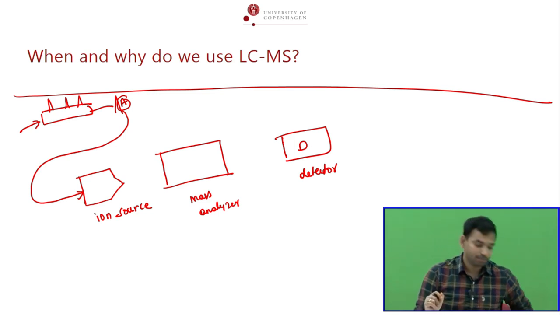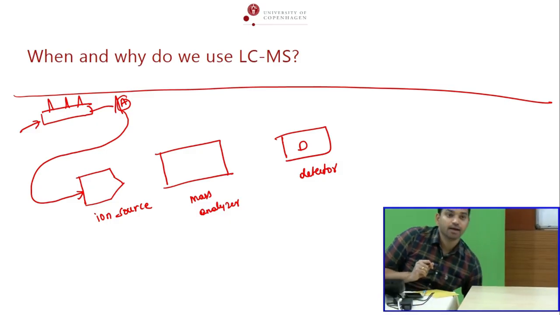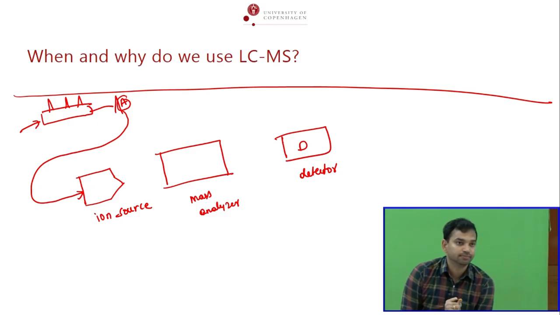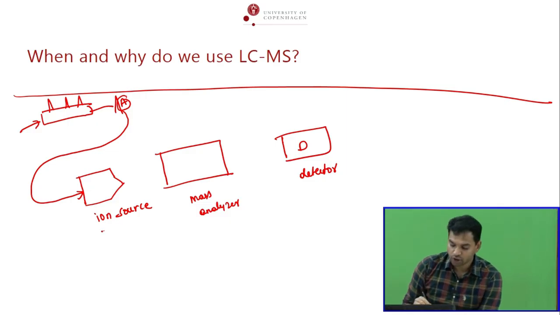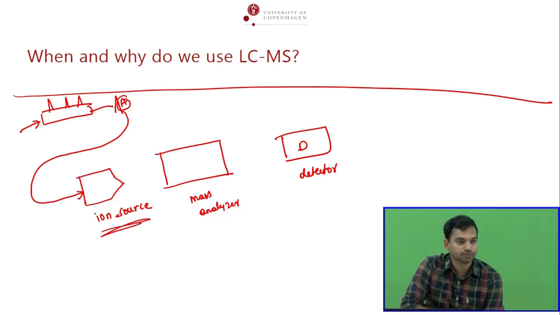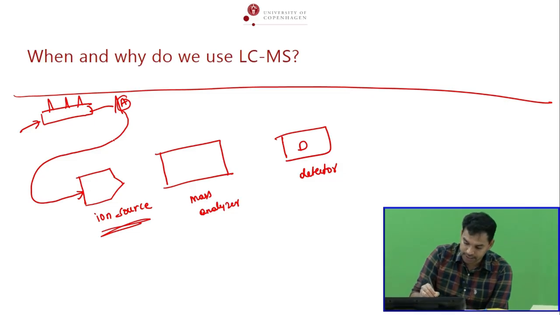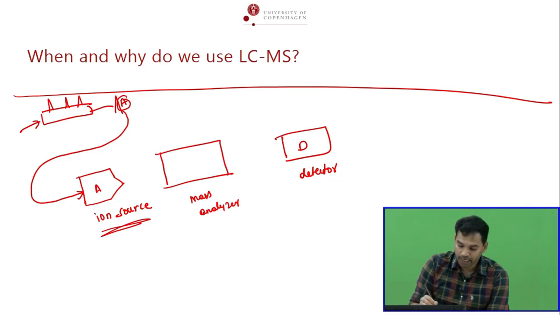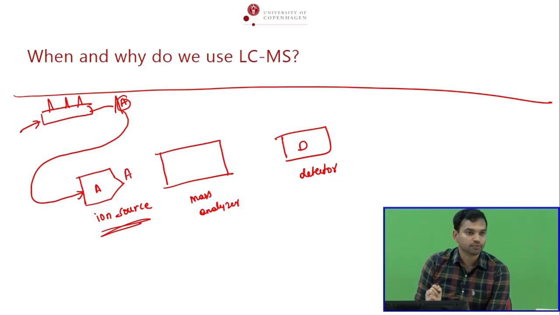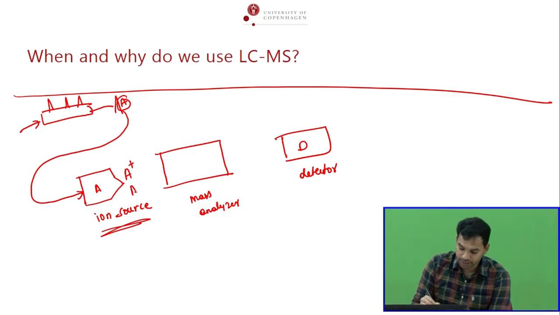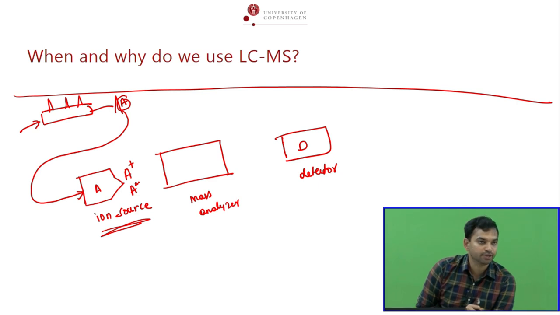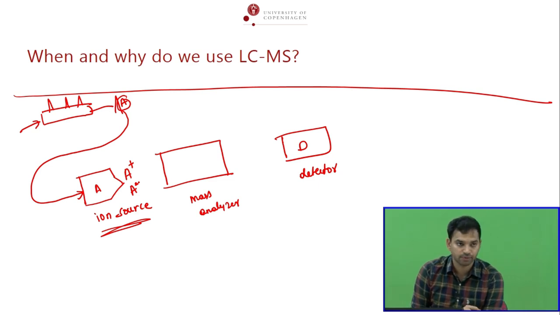So we need to first ionize them, right? That is the job of the ion source. So analyte A is coming and entering the ion source. It will get a charge. The charge could be positive or negative, depending on what kind of voltage you're applying.